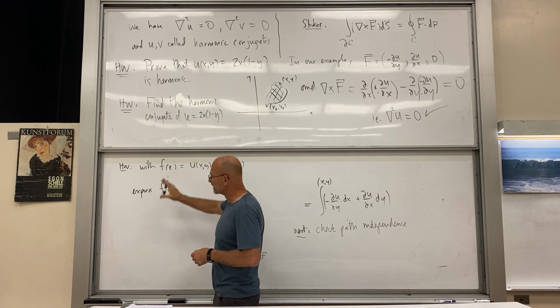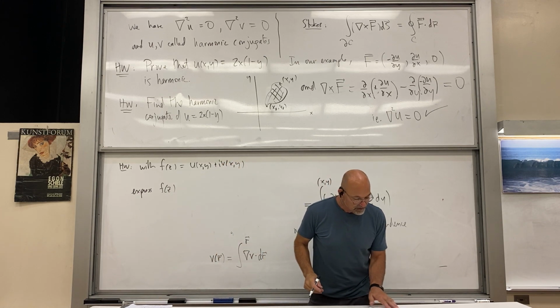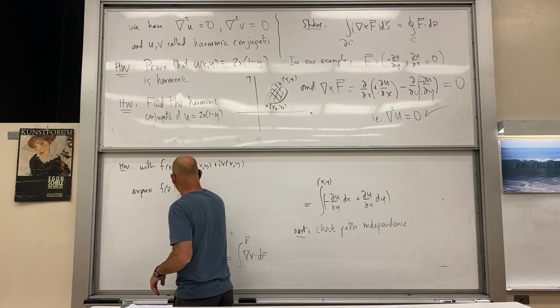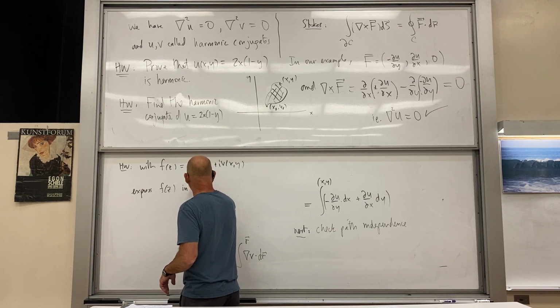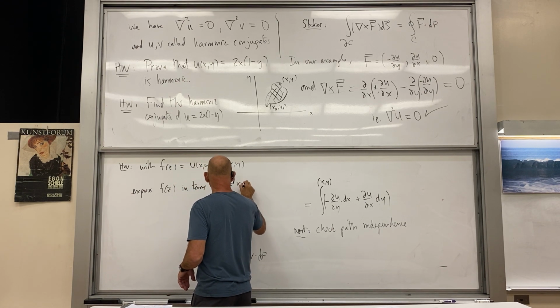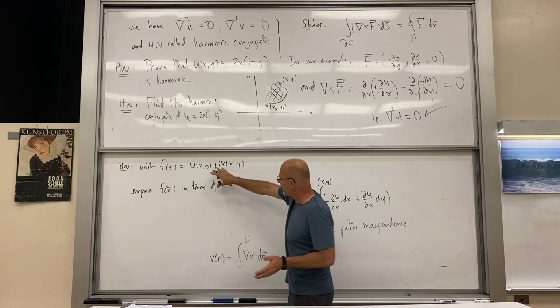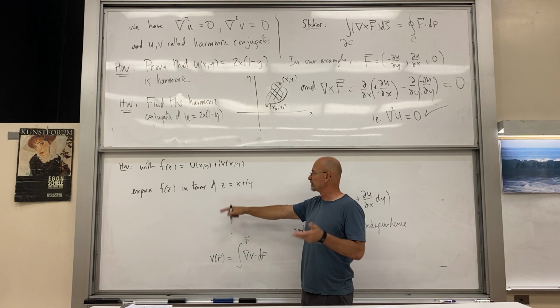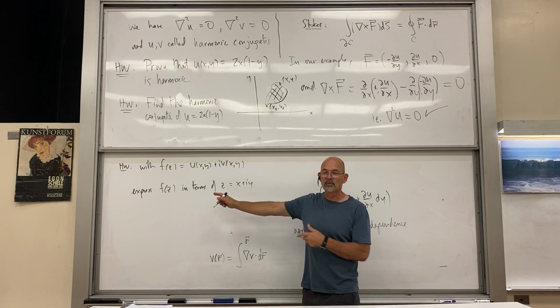So as a polynomial in z. Yeah, just in terms of z, where z equals x plus iy. So you're going to have x plus iy type of terms in here, and you want to get z plus z squared plus z cubed or whatever comes out there.